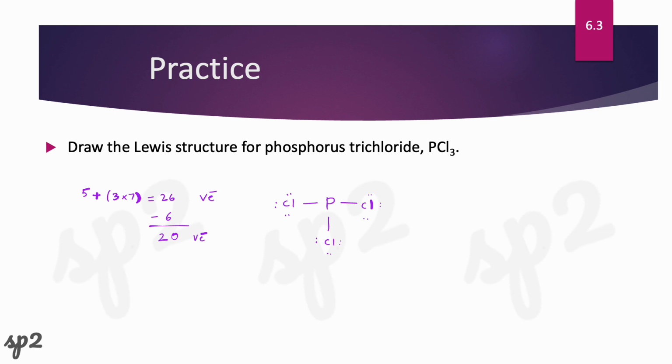And that means I have used 18 electrons to make all of these lone pairs. So I'm going to say 20 minus 18, and I still have 2 valence electrons remaining. Then I'm going to go ahead and put them on phosphorus, right? And that means I don't have any more electrons. We're done with that, right?